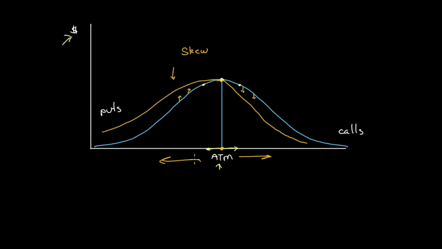If we look at the term structure of volatility, which means we're going to look not just at, let's say, October expirations and then a whole bunch of strike prices for October, but if we look at October, November, December, January, February, March, and we took a particular strike price and plotted the implied volatility over time, you would get an upward sloping curve called contango, and that's quite normal as well.